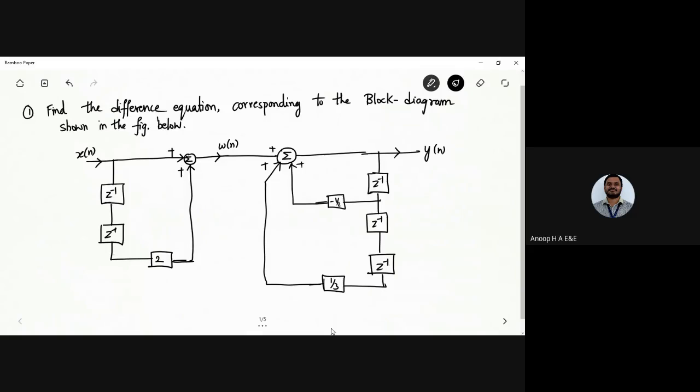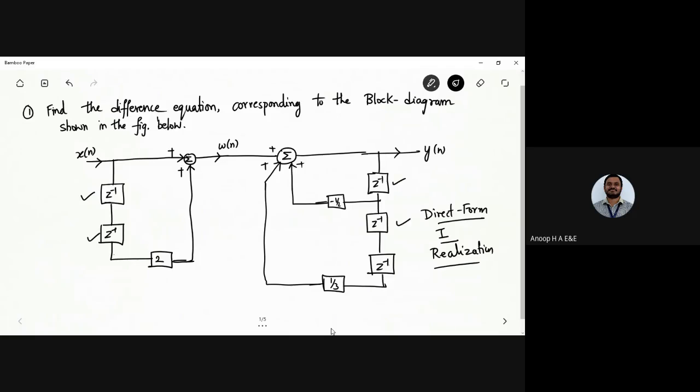Looking at the block diagram, you can come to know that it is direct form 1 realization. So what we can do in direct form 1 realization is count the number of delay blocks.